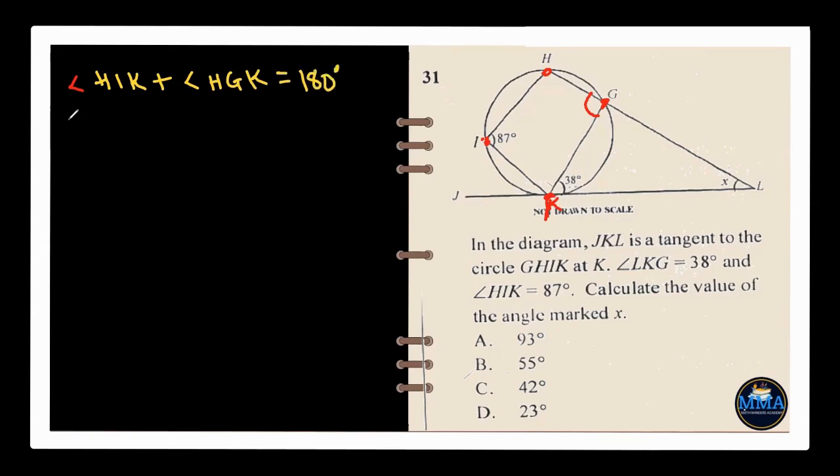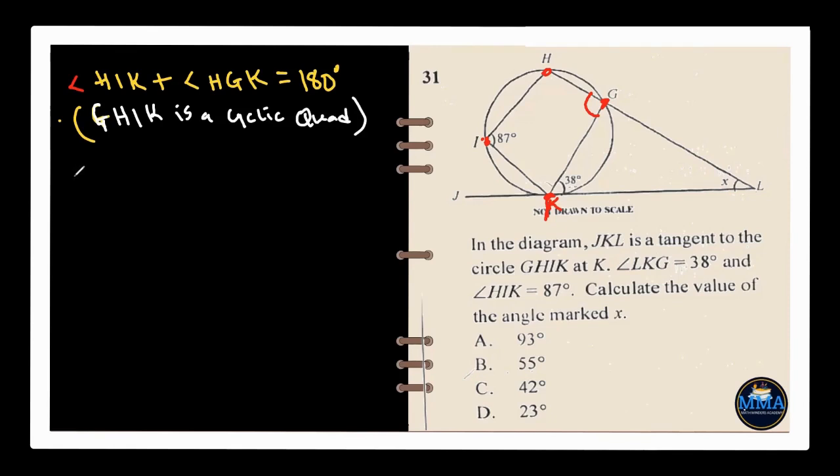And we give our reason in a bracket. What is the reason? We say GHIK is a cyclic quadrilateral.